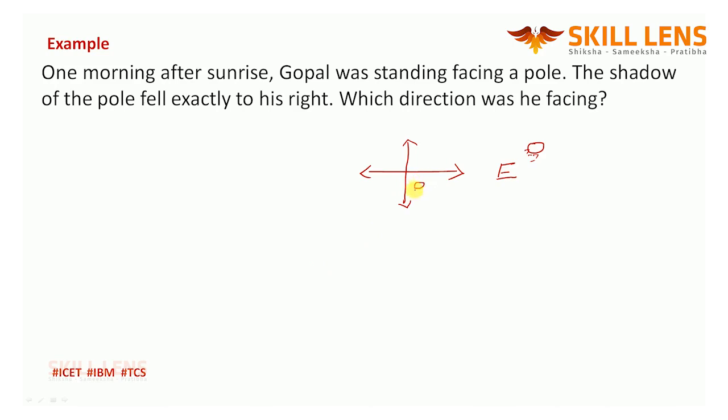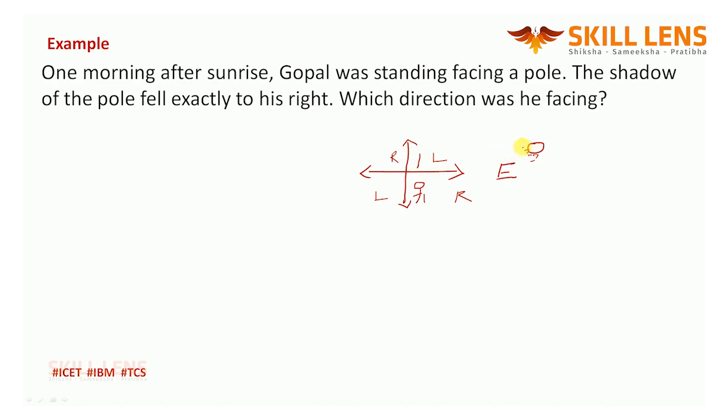Let's say this is Gopi and here is a pole. If the sunrise is coming from this side, this is Gopi's left side and this is Gopi's right side. If the pole is facing like this, it is opposite, so this will become left and this will become right.